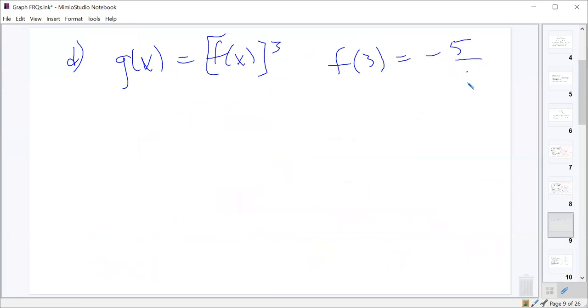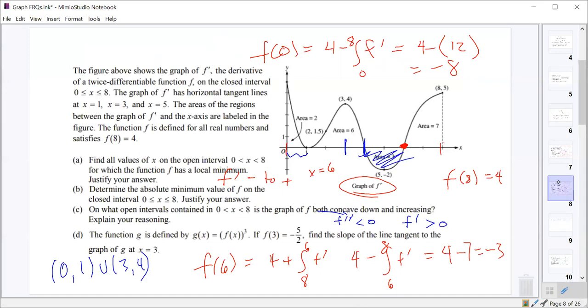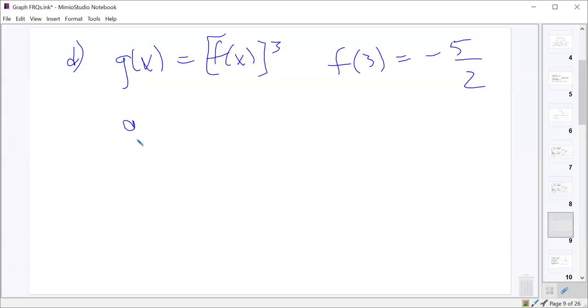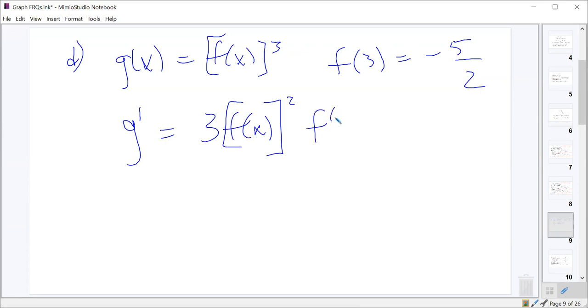And we're writing the tangent line, or just find the slope of the tangent line? Find the slope of the tangent line of G. Okay, so G prime ought to be 3 times f of x squared times the derivative of f of x, so f prime. Write that as an x. And then we're going to evaluate that all at 3.